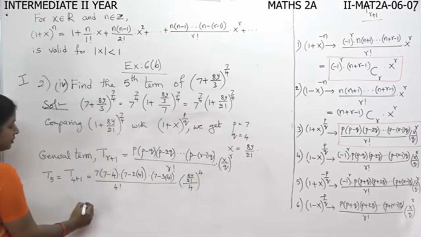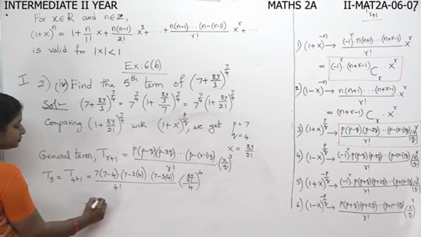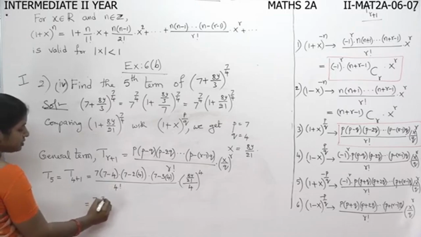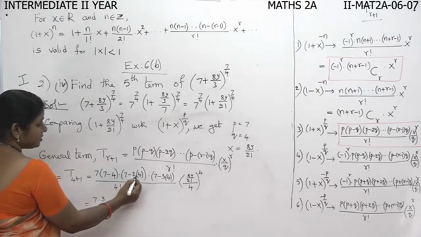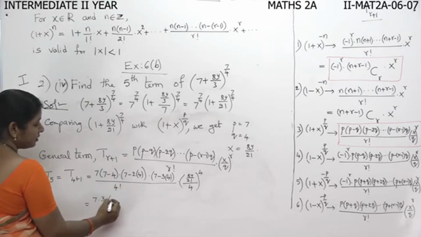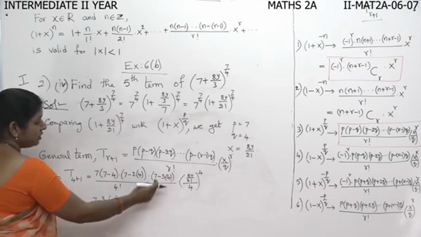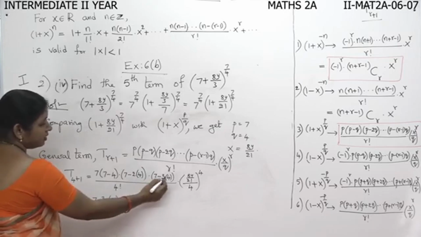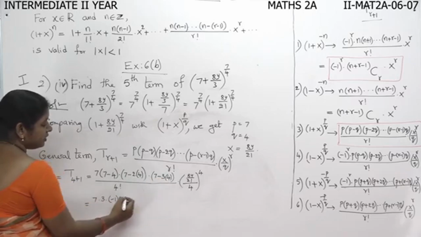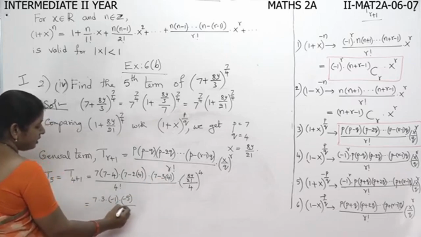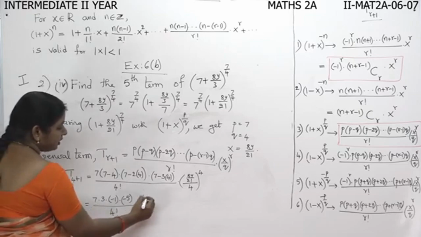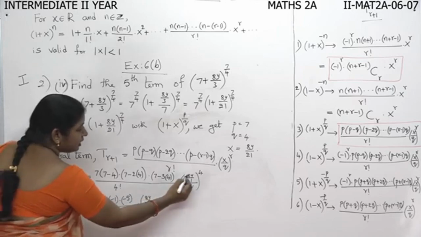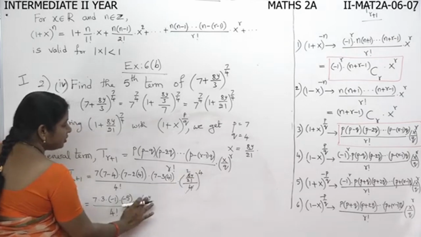So this is nothing but 7 into (7 minus 4 is 3). Okay. Into again 7 minus 8, which means minus 1, into 7 minus again 3 fours are 12. 7 minus 12 is minus 5. So I am writing minus 5 here, by 4 factorial, into, here 8y by 4 can be cancelled, so I will get 2y.